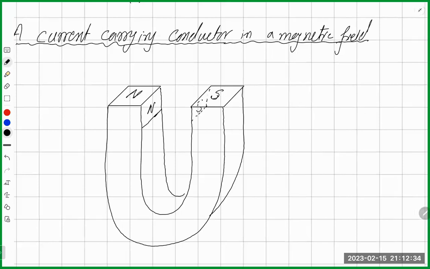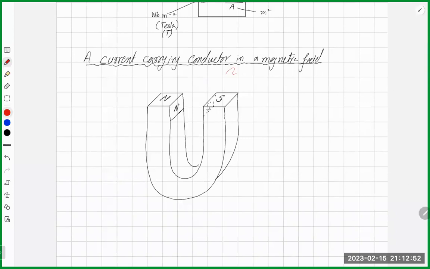Why do we use U-shaped magnets? Because in this way, we can have north and south poles right in front of one another, providing a uniform magnetic field.